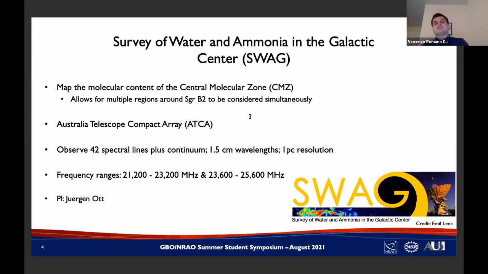The neat thing that SWAG offers is that its overall goal is to map the molecular content of the central molecular zone. In relation to my project, we'll be able to consider multiple regions around Sagittarius B2 simultaneously, whereas most studies particularly zone in on the North and Main regions.